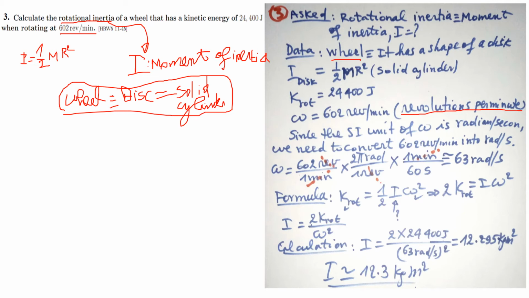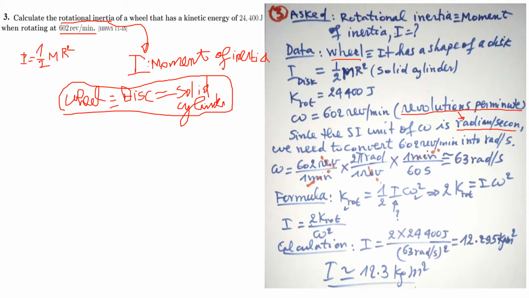Since the SI unit of angular velocity is radian per second, we need to convert revolutions per minute into radians per second. How do we perform calculations to convert revolutions per minute into radian per second?